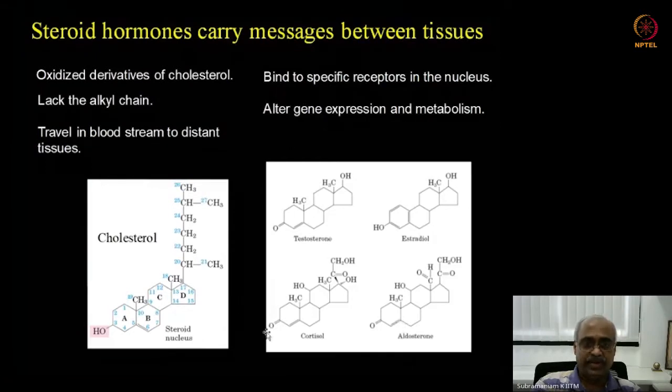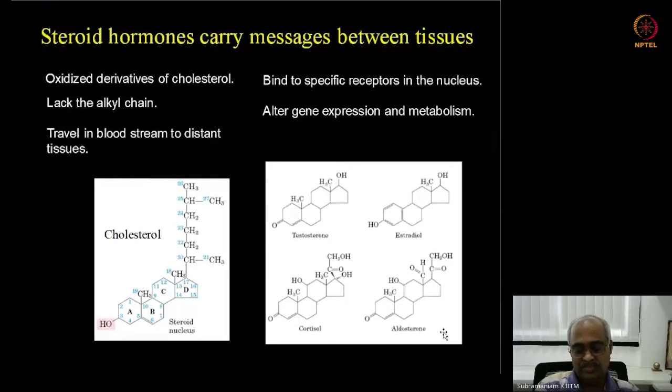Another important point about these hormones, when contrasted with the ones that we recently learned: we didn't learn about all hormones, only the eicosanoids, and at that time I told you they function in the vicinity of the cell that produces them, and therefore they are called paracrine hormones.